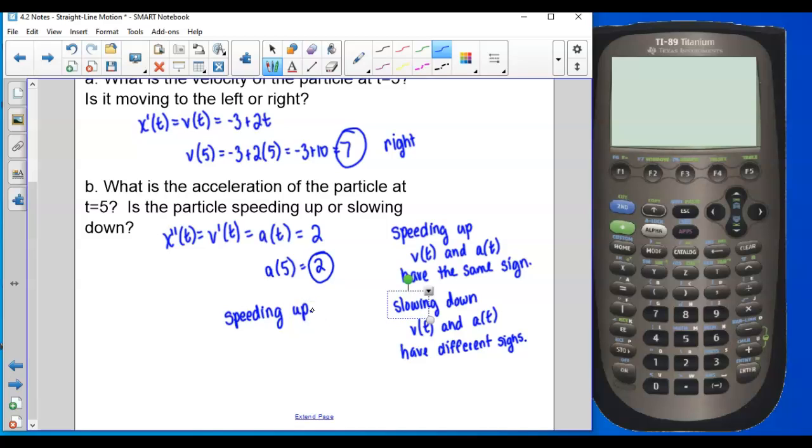If we had opposite signs there, if we had a negative 2 for acceleration, then the particle would be slowing down. Or if we had a negative velocity, if we had a negative 7 and a positive 2 for our acceleration, the particle would be slowing down. So it's not whether or not the acceleration is positive or negative, it is whether or not you have the same sign as your velocity.